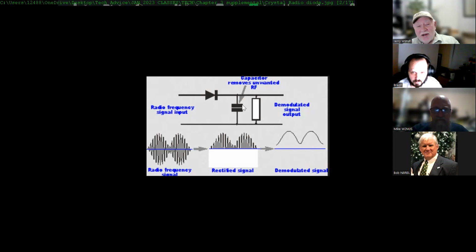In this case, it's taking the carrier here, alternating current, and passing it through to ground. In other words, it's getting rid of it. So all you have now is the audio, which is going to flap a loudspeaker up and down. So this is a demodulator. It takes the radio signal and turns it into a sound signal. So that's one purpose.